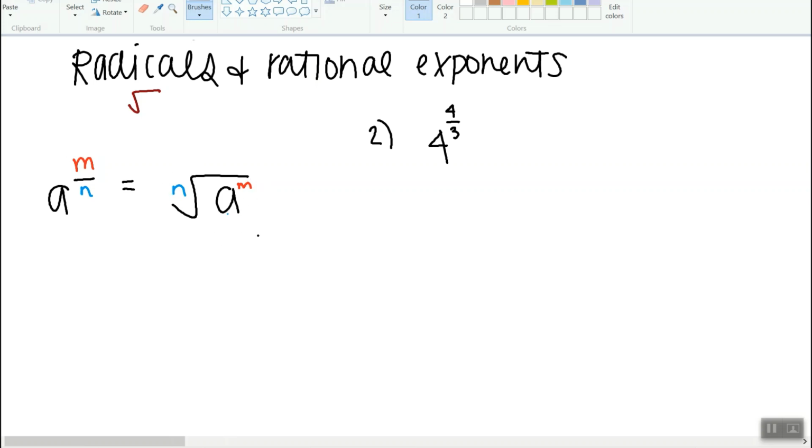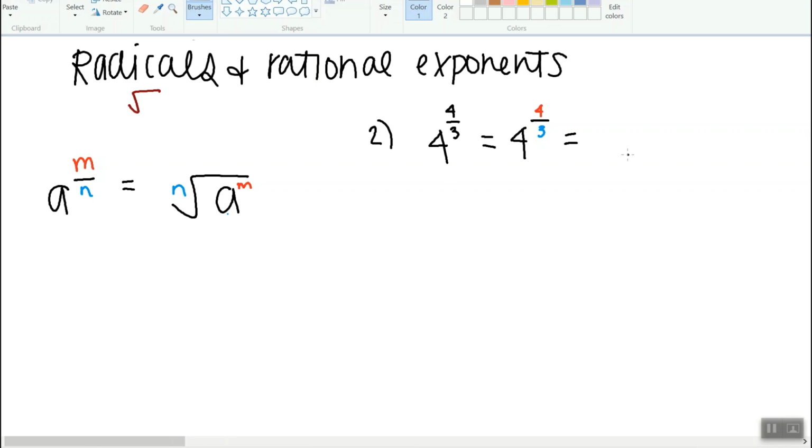Okay, I think color coding is smart until you get the hang of what the numerator and denominator mean. So I'm going to rewrite this in those colors to start. I'm always going to put my numerator in red and then my denominator in blue. And I'm just going to follow this picture to get my answer, and that's what I recommend you guys do until you really have this in your brains.